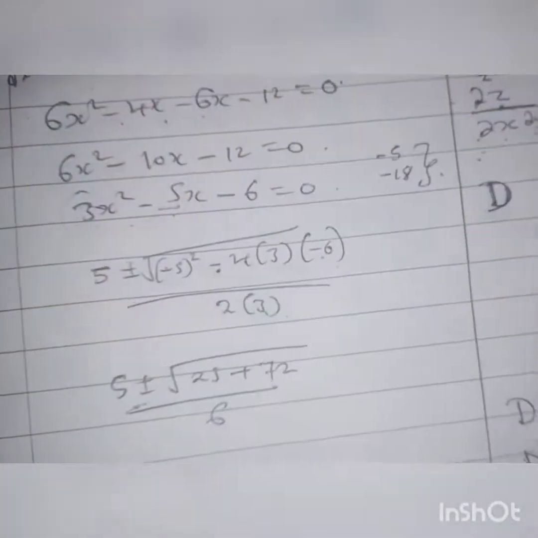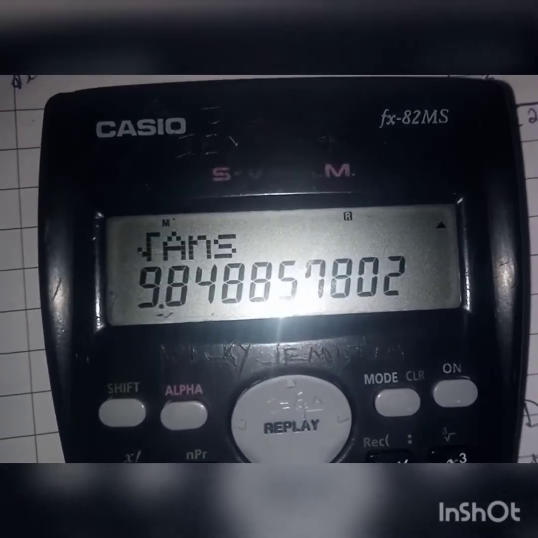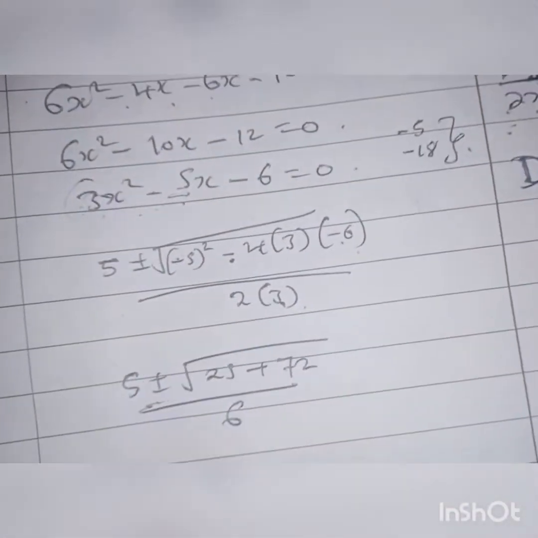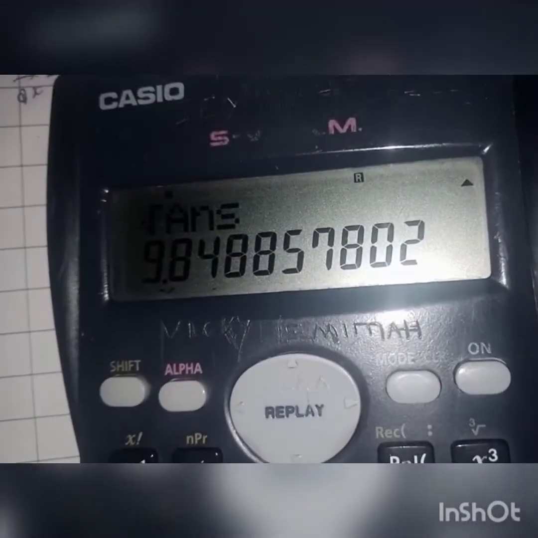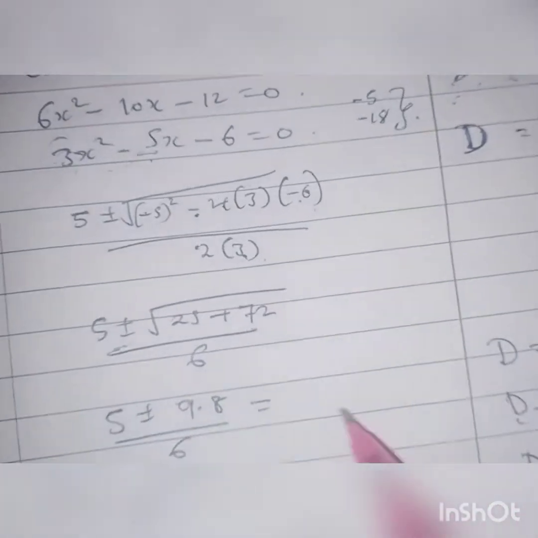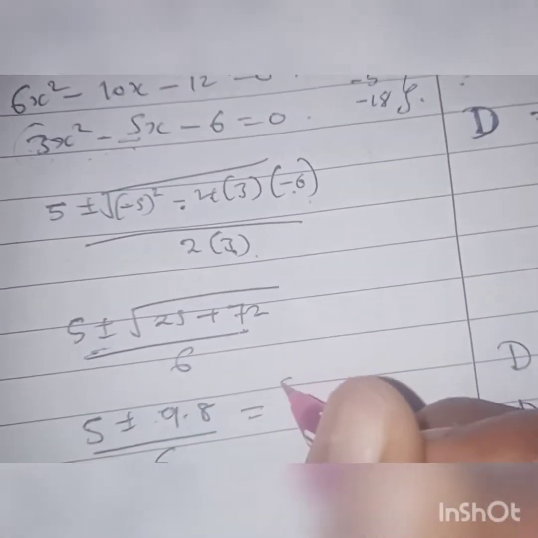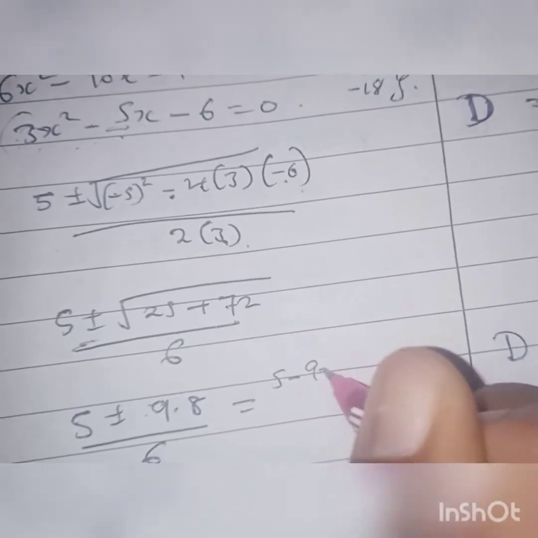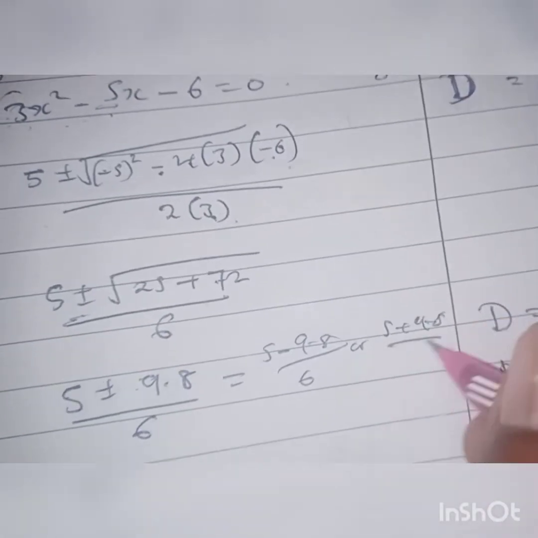So we take the square root of the answer. This is 5 plus or minus the result, which is 9.8, all over 6. So the value of x can either be 5 minus 9.8 over 6, or 5 plus 9.8 over 6.